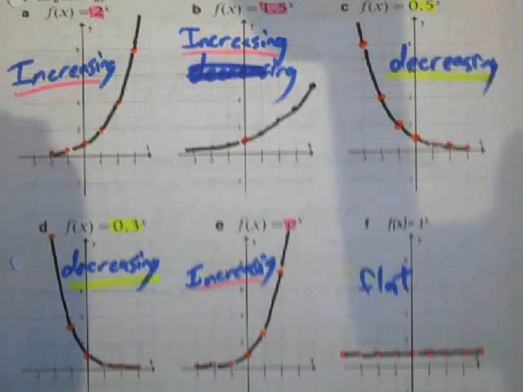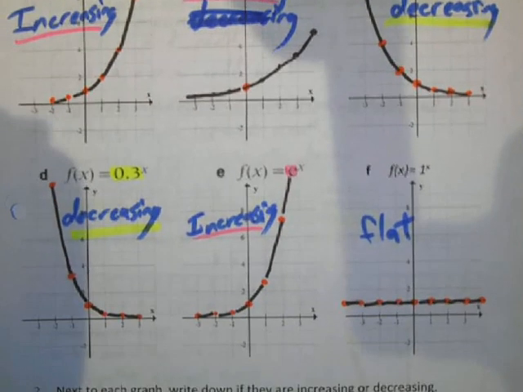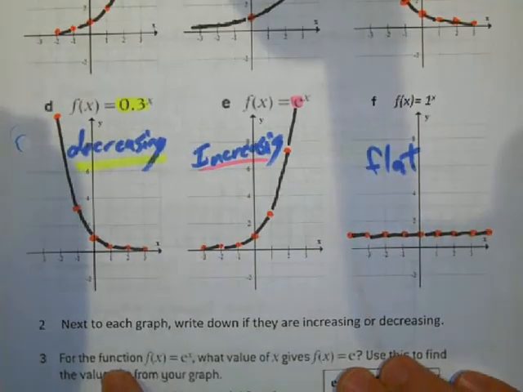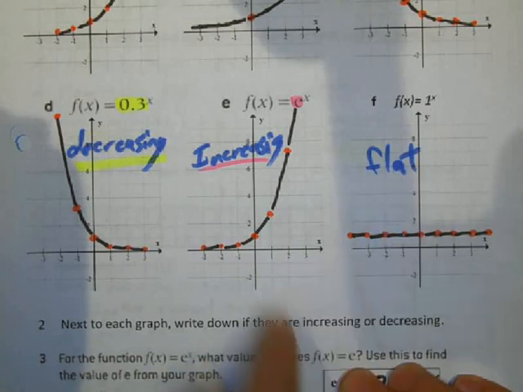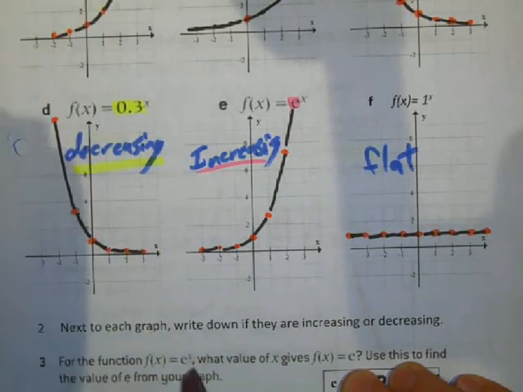So now it says, what is the function e to the x? What value gives f of x equal to e? Well, anything to the 1 value gets you the value of the base, right?